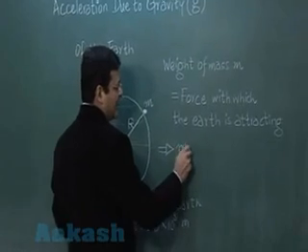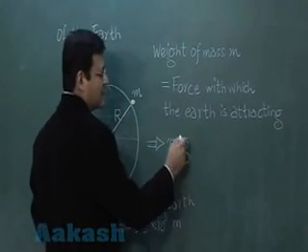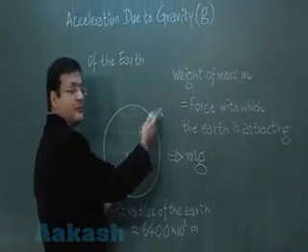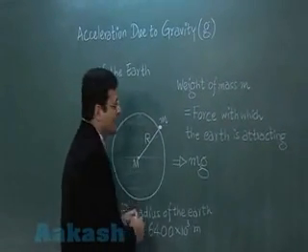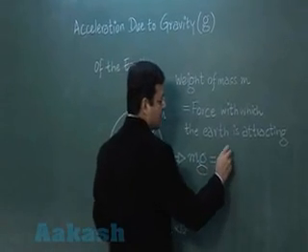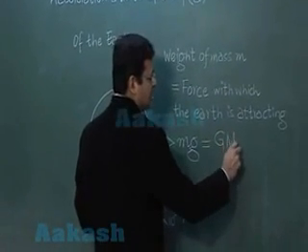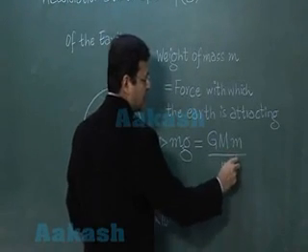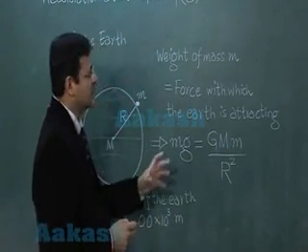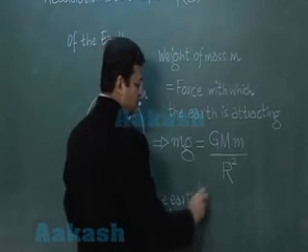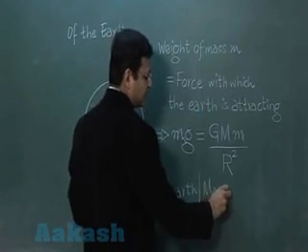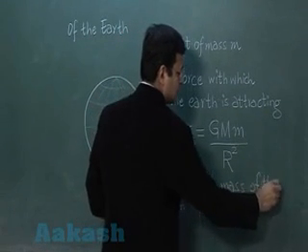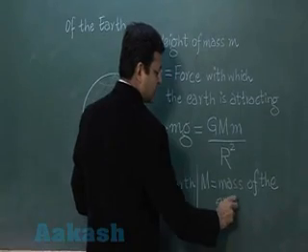Weight is nothing but m into small g, that is, acceleration due to gravity. And what is the magnitude of the force between capital M and small m? This is equal to, as per Newton's law of gravitation, G capital M small m upon R square. What is this capital M here? Capital M is the mass of the Earth.